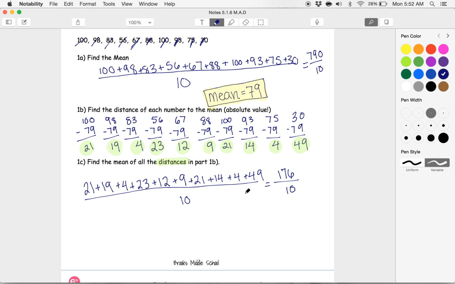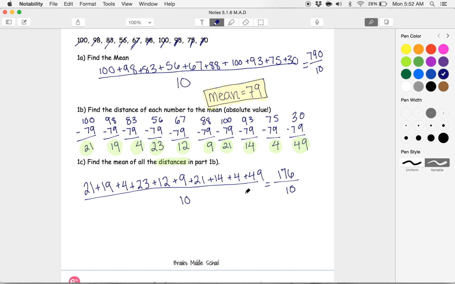Now, because there are so many numbers, I'm going to add this up one more time. The thing that I see kiddos mess up the most on this is that because you are dealing with so many numbers, it's really easy to accidentally forget a number, type in the wrong number, or accidentally switch the numbers around.